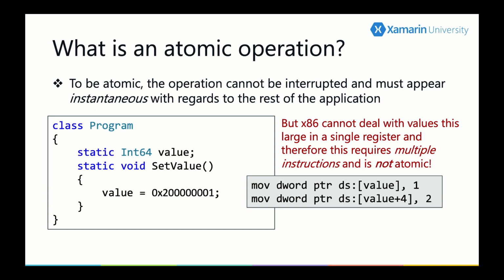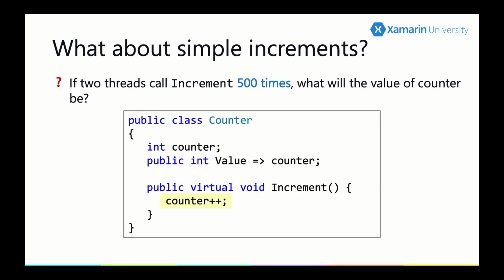And now you can imagine what the result would be. Half of the value would have been updated, and if another thread is trying to read that value, it would read part of the old value and part of the new value, which is completely wrong. So whenever we have these non-atomic operations, we must find a way to protect them from being interrupted.